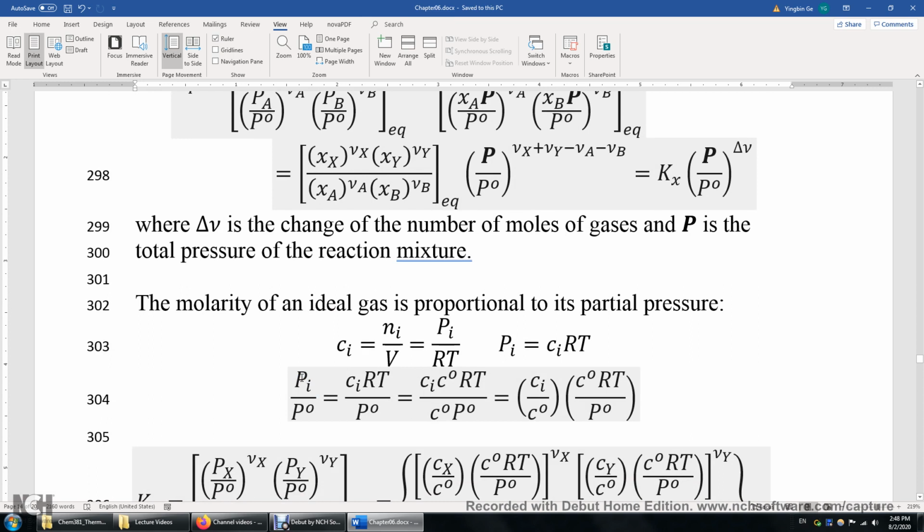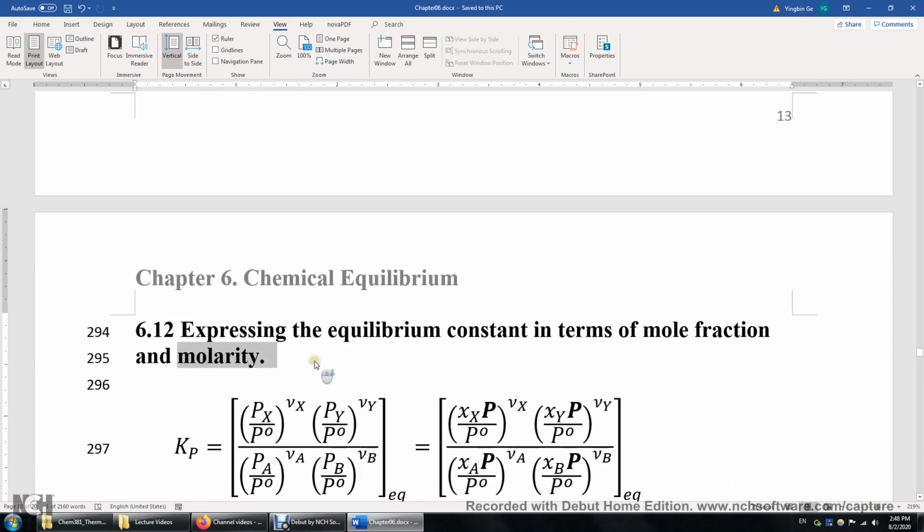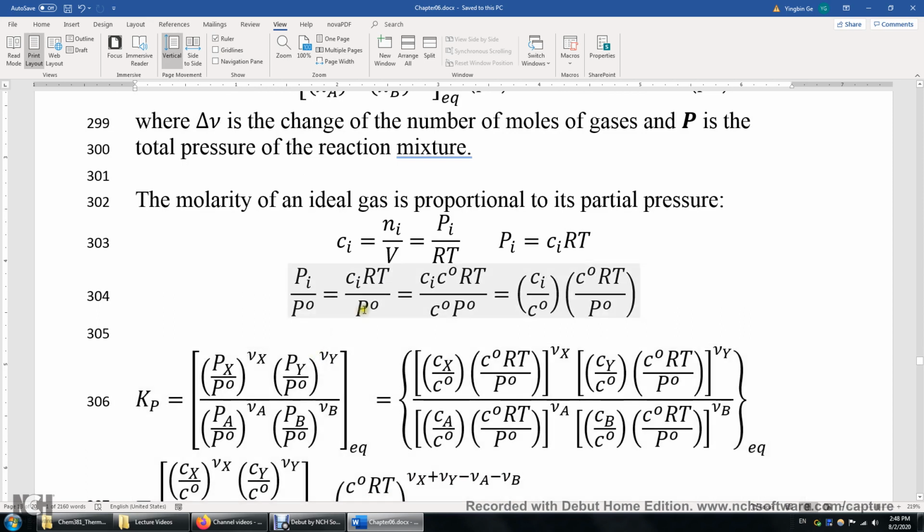Now let's look at another equilibrium constant, the equilibrium constant of molarity, concentration, over here. So first, we need to look at the relation between the concentration and the pressure. The concentration of a gas, C sub I, species I, is simply N over V, the number of moles over volume.